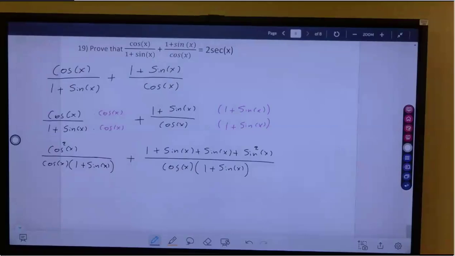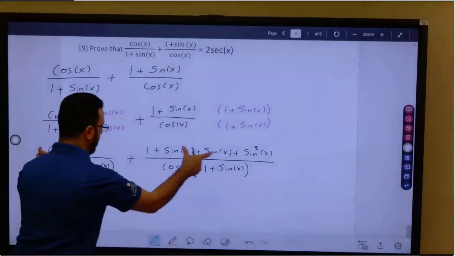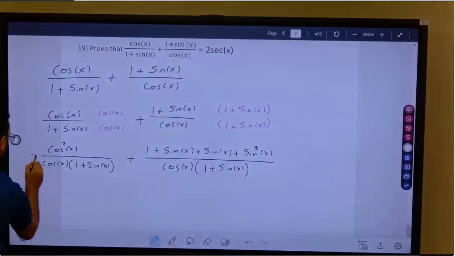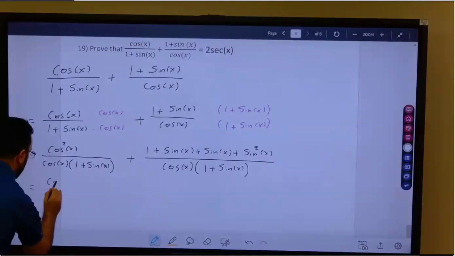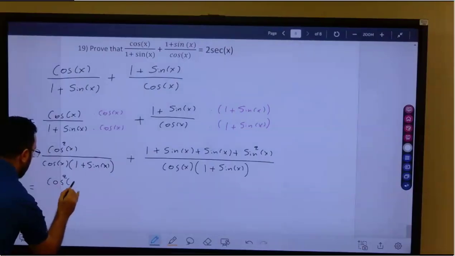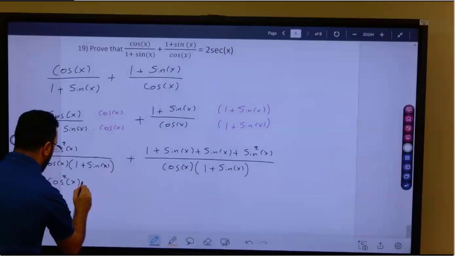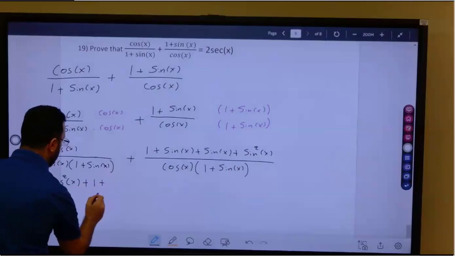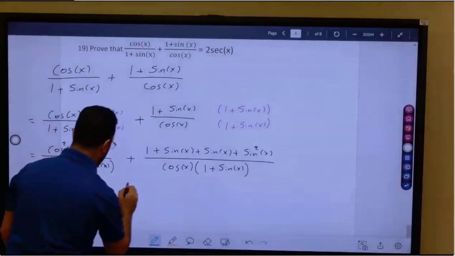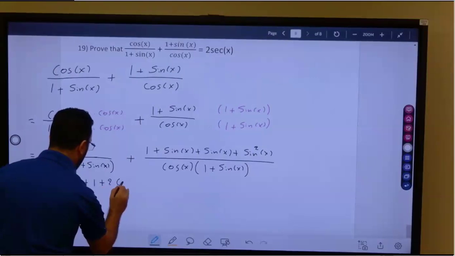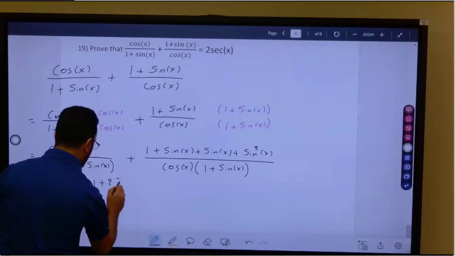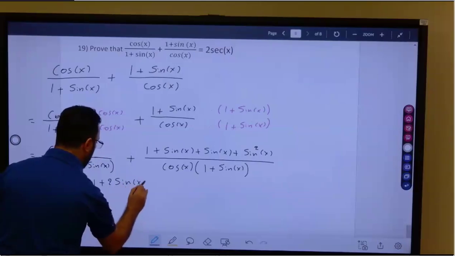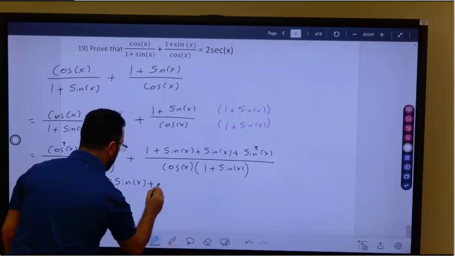Now I have the same denominator, and that's my goal. So I can combine everything here. This one is going to be equal to cosine squared x plus 1 plus sine x plus sine x, so plus 2 sine x, plus sine squared x.